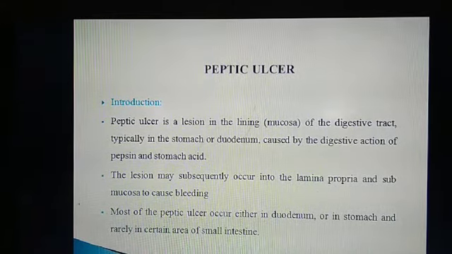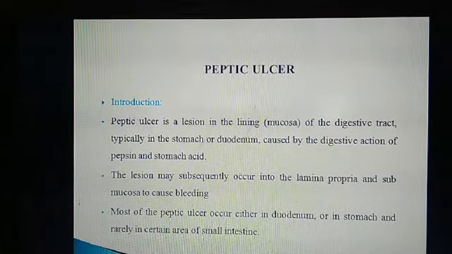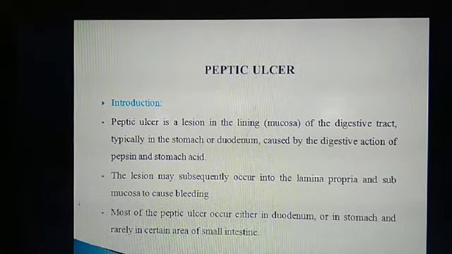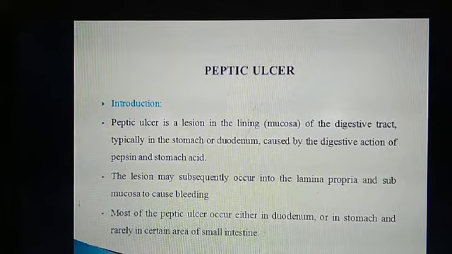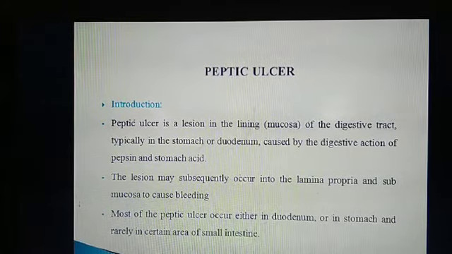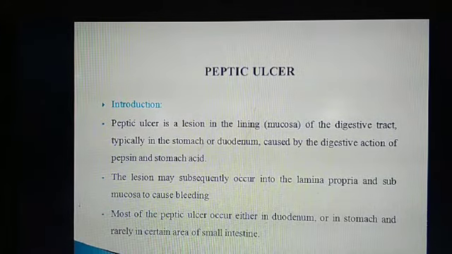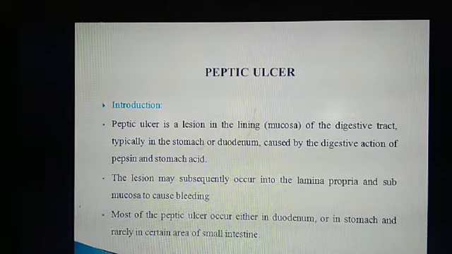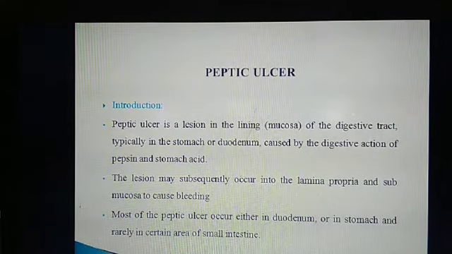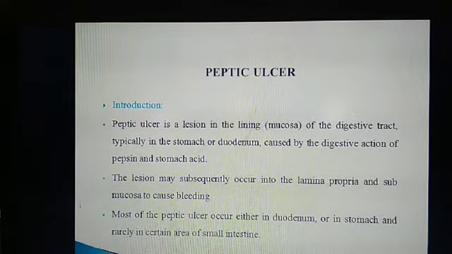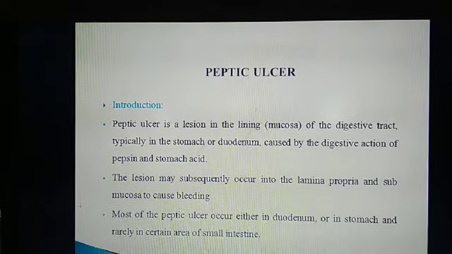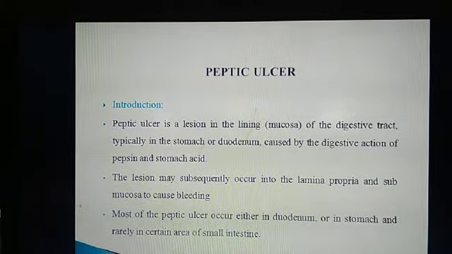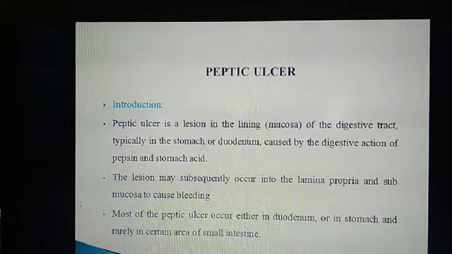The lesion may subsequently extend into the lamina propria and submucosa, which ultimately may cause bleeding. Most peptic ulcers occur either in the duodenum or in the stomach, and to a little extent in the small intestine.